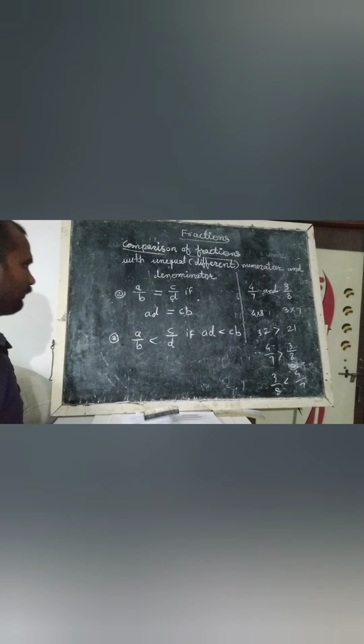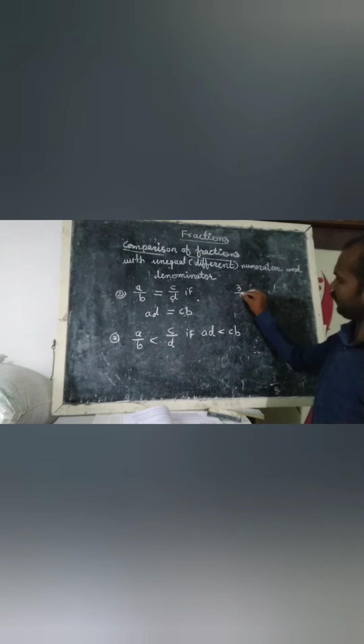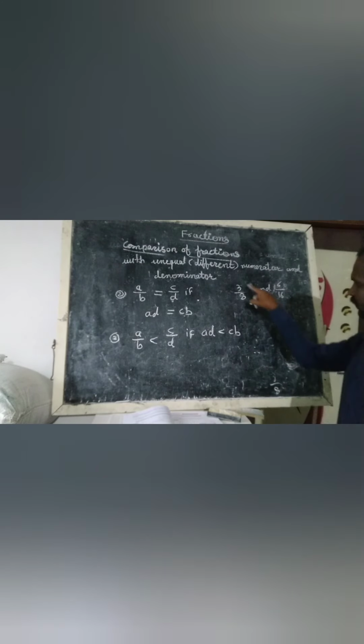Now how will it be equal? For this I will give you an example here: 3 upon 8 and 6 upon 16. 3 into 16, 16 3s are 48, and 8 6s are 48.